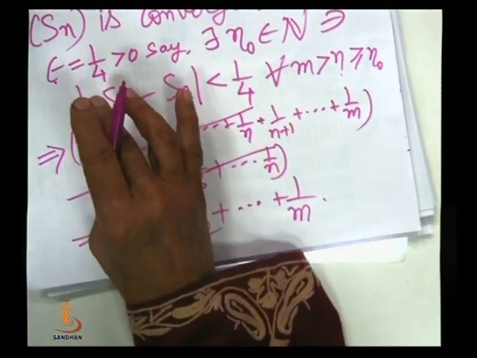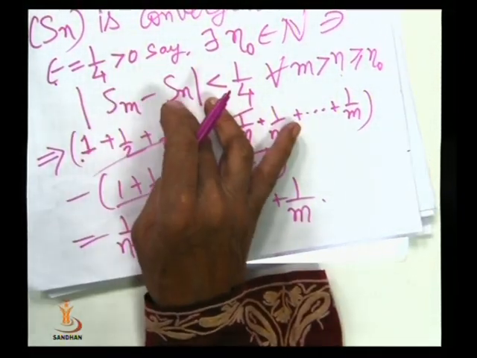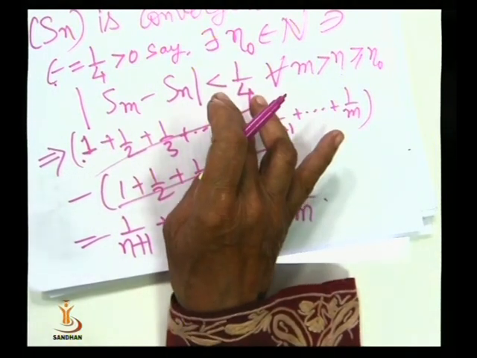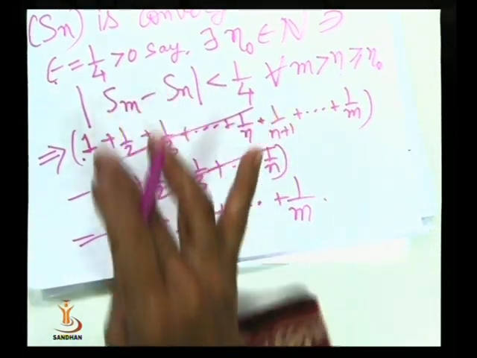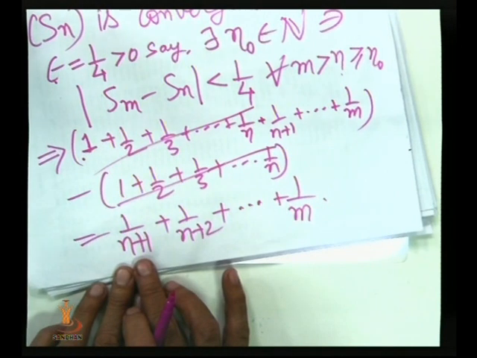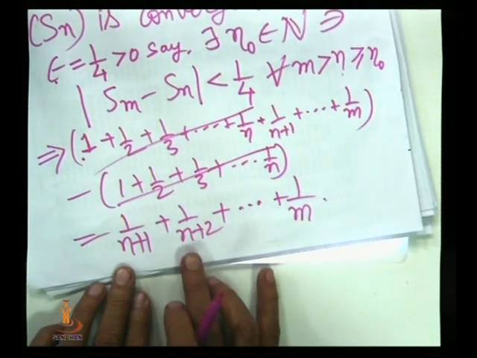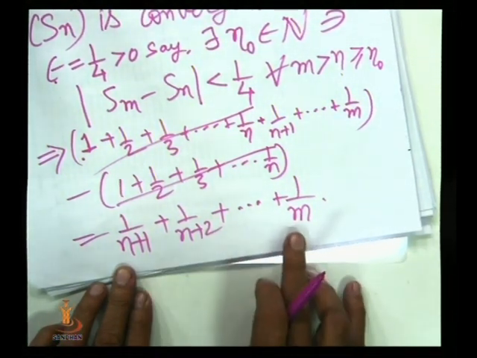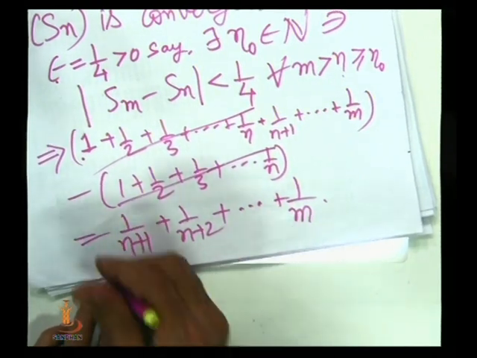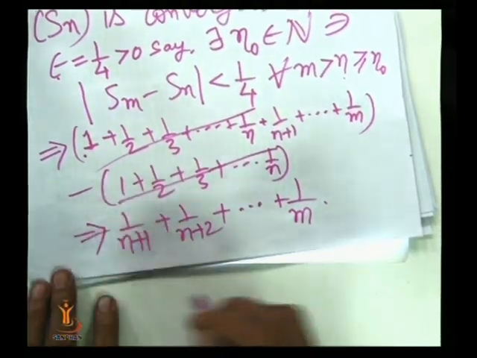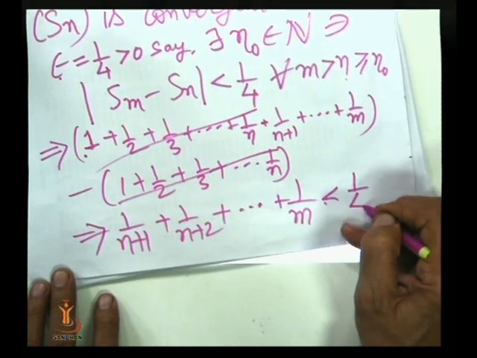So the absolute value of Sm minus Sn is less than 1 upon 4, and the left hand side is 1 upon n plus 1, 1 upon n plus 2, up to 1 upon m, and that must be less than 1 upon 4.